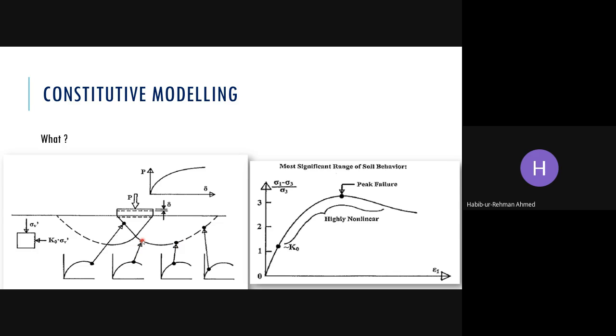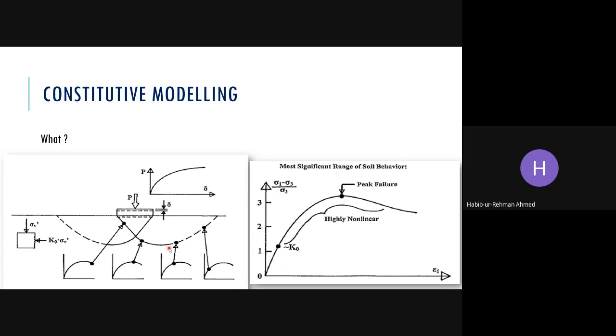This point has already crossed the peak behavior, and finally here it is very close to maybe the residual behavior. So this makes even the simplest form of closed form solution, which we just imagine based on a certain experimentation, not the realistic behavior.